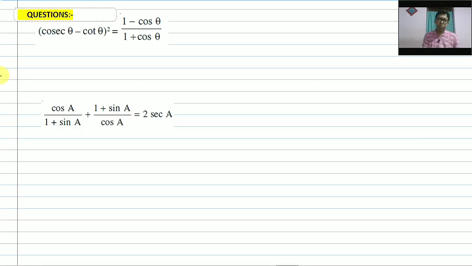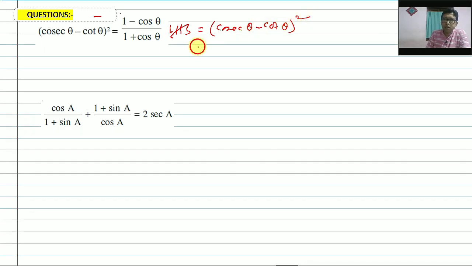These two questions are also taken from your NCERT book. Take the LHS. LHS is equal to cosec theta minus cot theta whole square, that is equal to 1 upon sin theta, because sin theta and cosec theta are reciprocal to each other, minus cot theta.